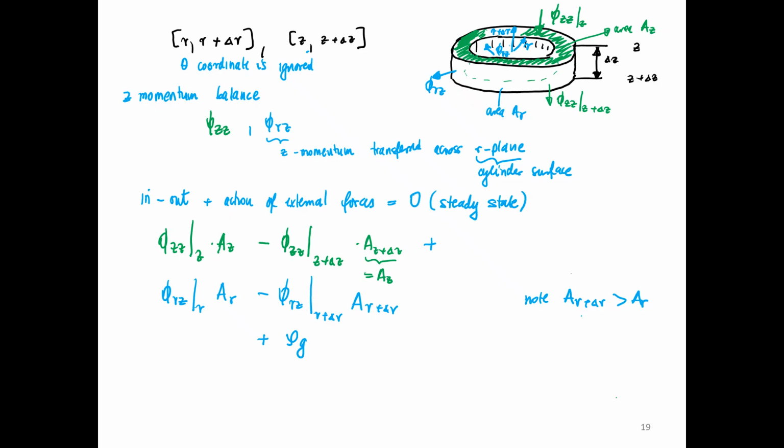The volume of this cylindrical shell is this area, AZ, times delta Z. So rho g AZ delta Z is my volume term, and all that summed up has to be equal to 0. That's the balance. Now we have to clean it up.